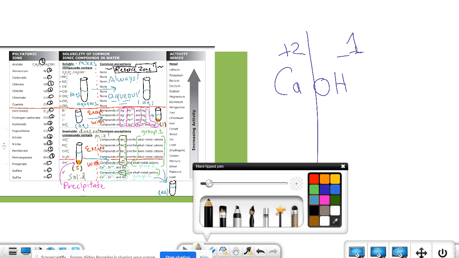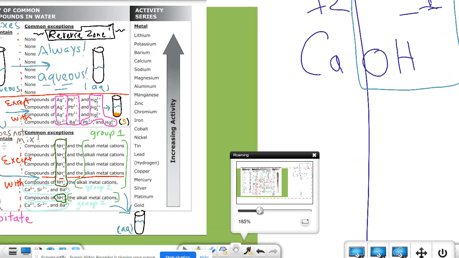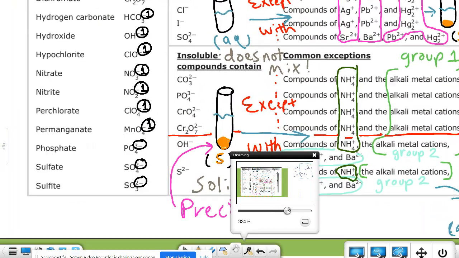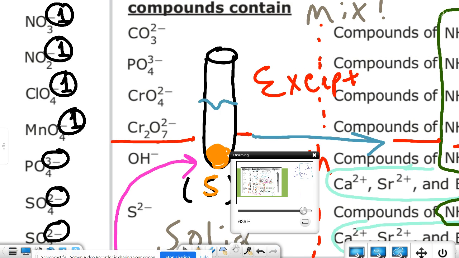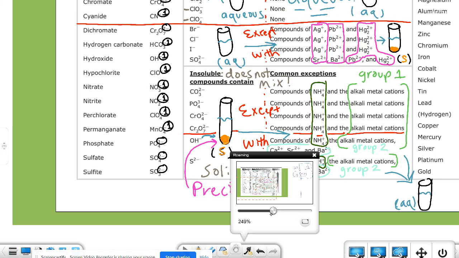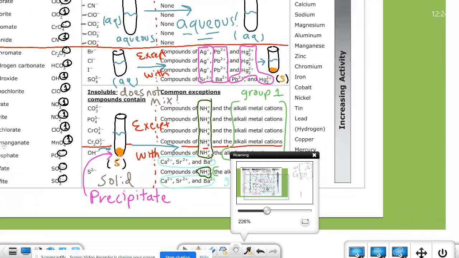Look at the anion first. What does hydroxide want to do? Hydroxide wants to be a solid. So we're going to say it's a solid, but we have to look at the common exception.